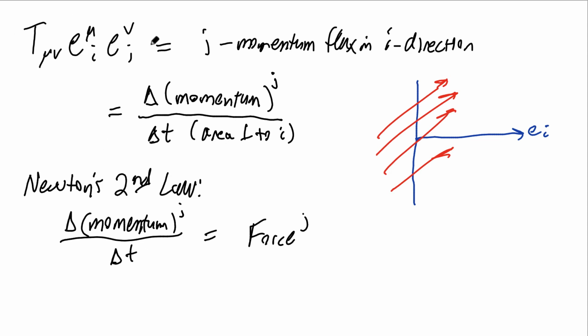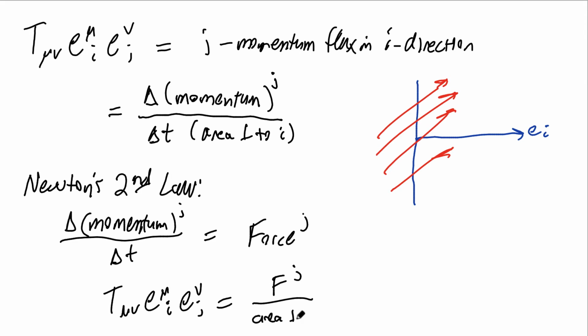So what we find is that T mu nu, E mu I, E nu j is the jth component of the force divided by the area perpendicular to I. So it's a stress.